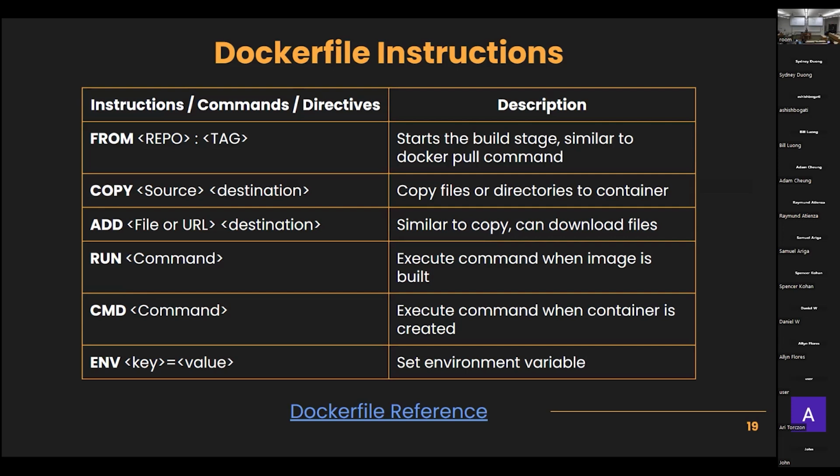So if there are other files next to it, and you specify it that way, it'll grab that as a source. And then destination refers to the destination inside the container.